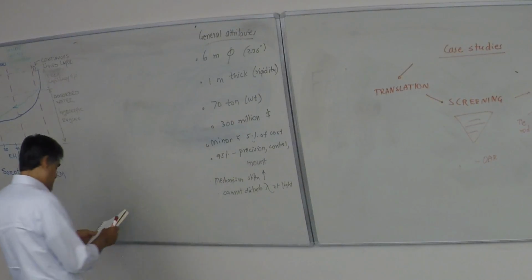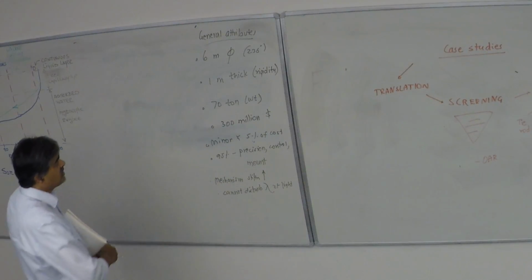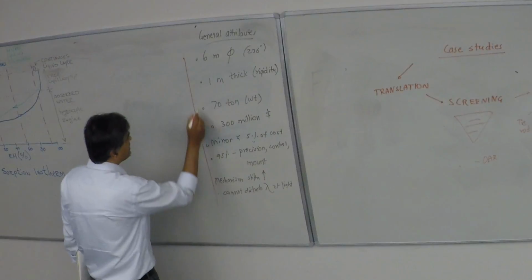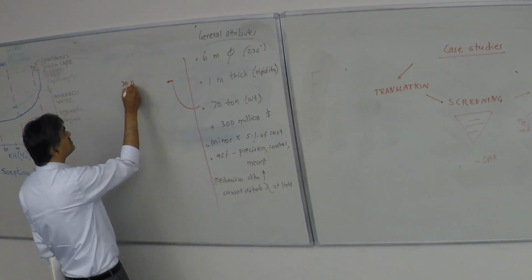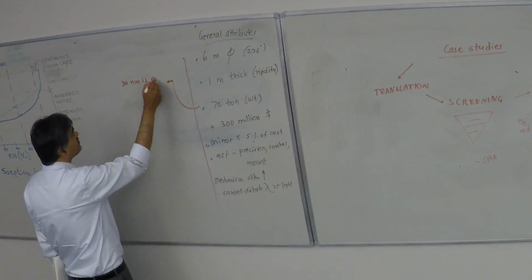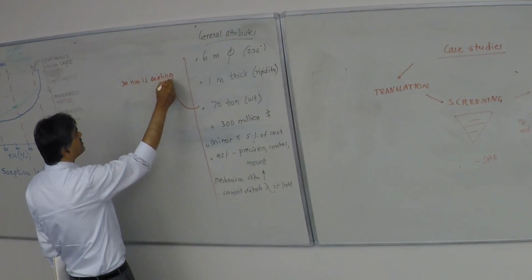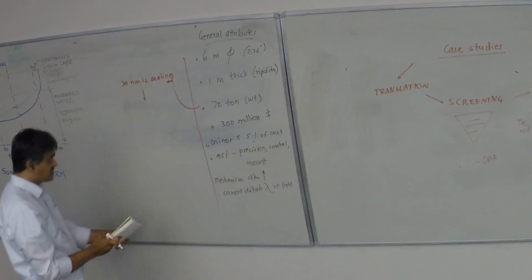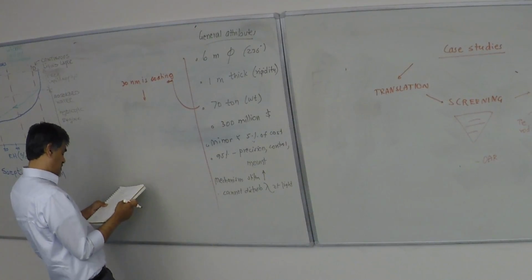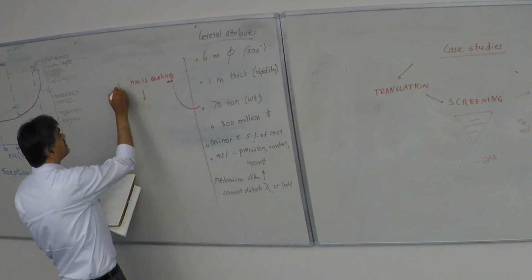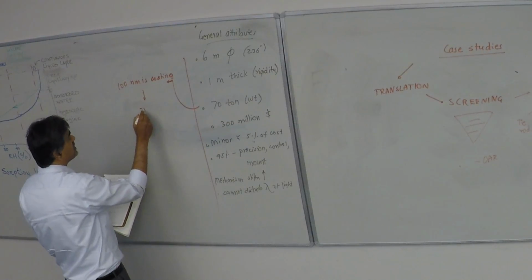So what is also interesting is that of this 70 tons, the mirror coating is only about 100 nanometers. So the weight of this is only about 30 grams.